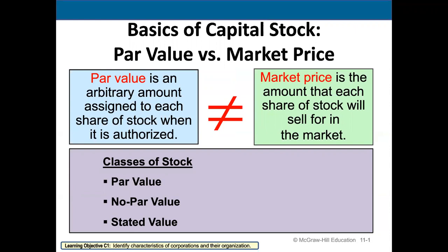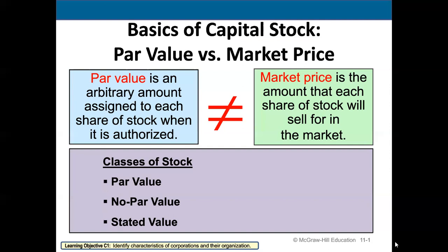It's arbitrary, like it says here on the slide. But because it's on the corporate charter, businesses are required to list it. I'll show you an example of that. The market price of the stock is the amount that somebody could sell the stock for today at the stock market. So those are two different things.